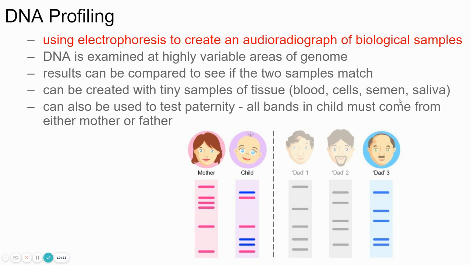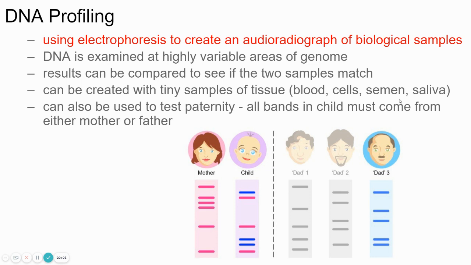What else could this be used for? It can be used for crimes. The same process is used to try to identify people in crime scenes. If, for example, let's say there's blood at the scene of a crime, you do the same thing. But then you have to have suspects.